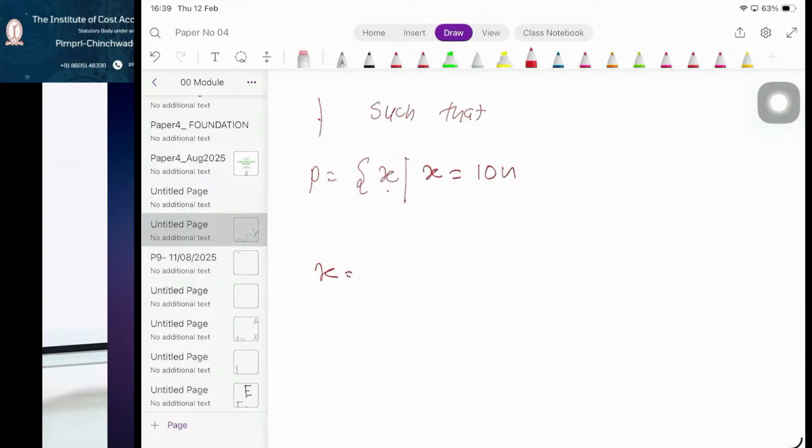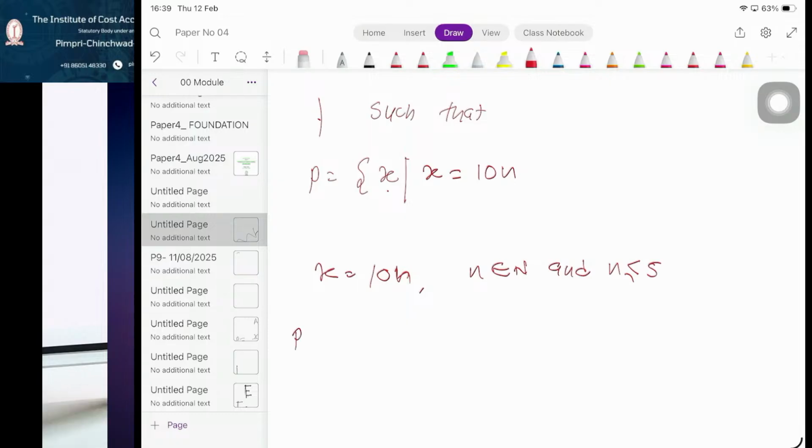In this definition, what is the value of n? That should be defined. It is defined that capital N means the natural number set and the value of n is less than or equal to 5.